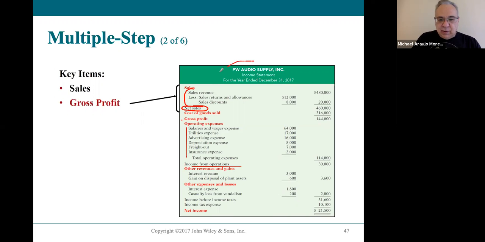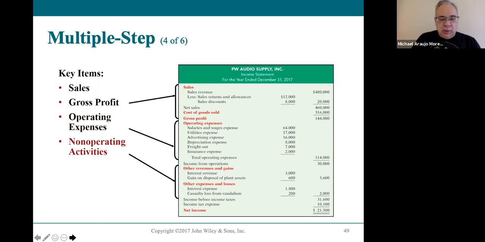This is for PW audio, by the way. Then all the other stuff, right? Other revenue and gains, other expenses and losses, other stuff the company is doing that's not related to selling merchandise. It clearly has an impact. Then they set aside some money for their income tax expense and they get net income.